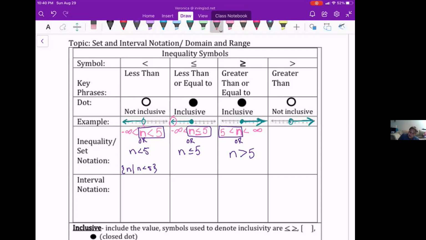Okay, so for this last one, again, we're looking at the values, and those values sit between what two things? Well, on the left side, you see that the dot comes first, and that's number 5. And on the right side, we have a positive infinity. So we're going to put that positive infinity on the right side. If I wanted to write it the other way, we're just going to box that part.